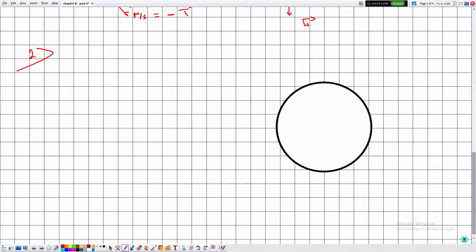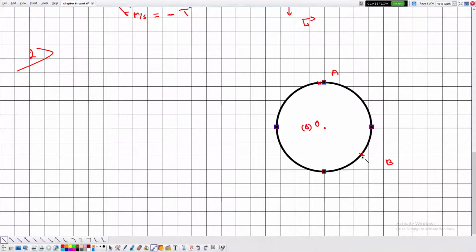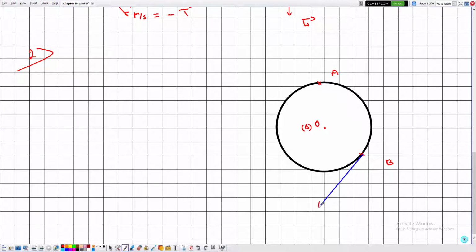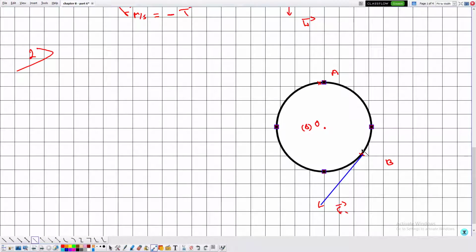So now let's suppose that this disk has a center O, so the disk can rotate around the axis of rotation delta passing through O, and let me consider here a point A and here another point B. And let me consider here a force applied at the point B like this. This is the force F1 and this is the axis of rotation.